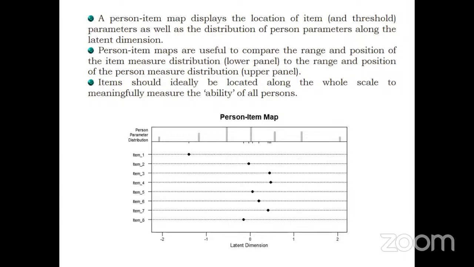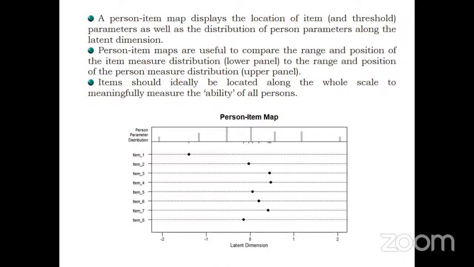Here, as you can see, item 1 is located almost on the left hand panel, and all the other items are located close to each other, right at the middle. But there are no other items on the right hand side or left hand side, so it is definitely not a very good representation. This person item map is very important when you are trying to find out whether these items are able to assess the trait level among a large number of people, when you are administering it to a bigger group.